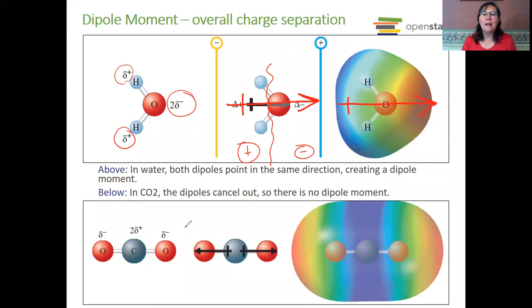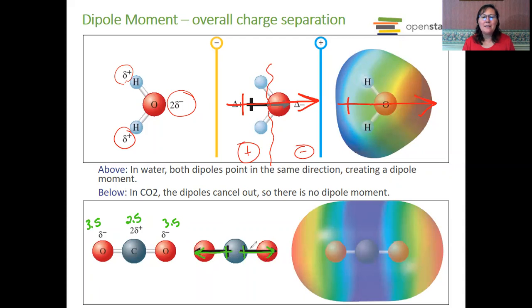Now, when you have something like carbon dioxide, things change a little bit because your carbon is right around 2.5 and your oxygen is 3.5. That means that definitely what you see is the electrons being drawn to the outside. But see how they cancel themselves out?